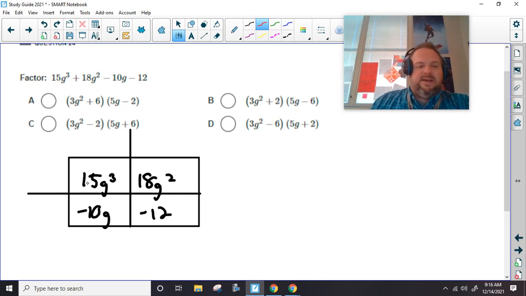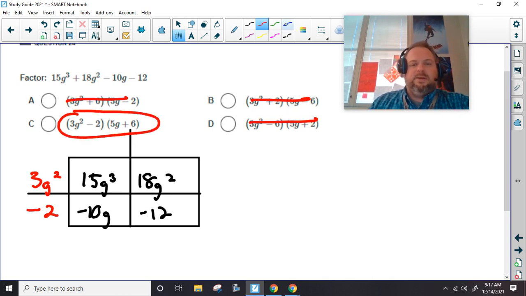The biggest thing you can divide out of 15 and 18 would be a 3. The smallest power of g is g squared. Because this 10 is a negative, I'm going to take out a negative something. The biggest number I can take out of 10 and 12 is 2. So that means this is gone. Okay, this is my answer. I can keep going.